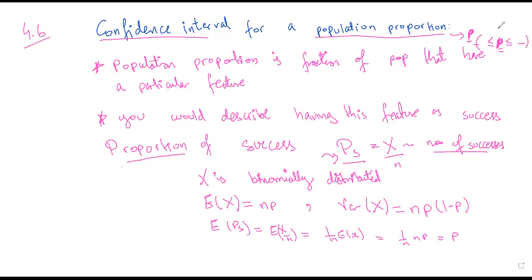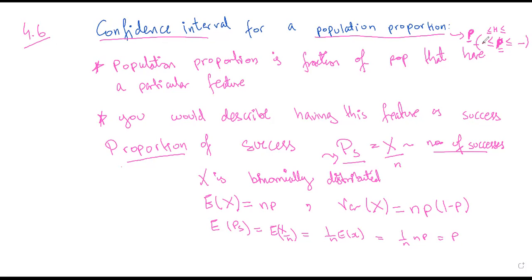Initially, we were talking about the confidence interval for a population mean. So this is the population mean and this is what you had. Now we have the population proportion. It's written as P, so this is what you would have.